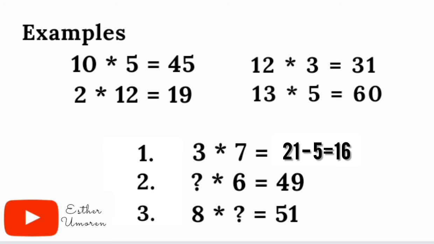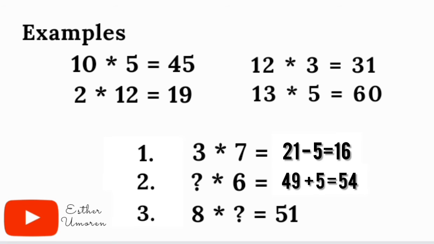For number 2, question mark asterisk 6 gives 49. Remember, we're going from the answer now to the question. So I will say 49 plus 5. This is the opposite now. I will add 5 to 49, and I'm going to have 54. Once I have 54, I ask myself, what can I multiply by 6 to have 54?